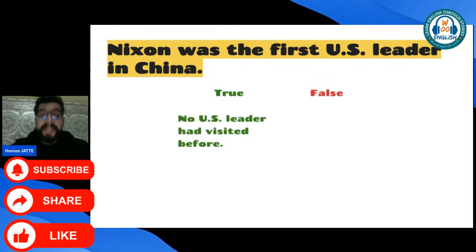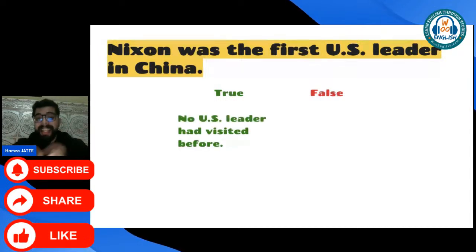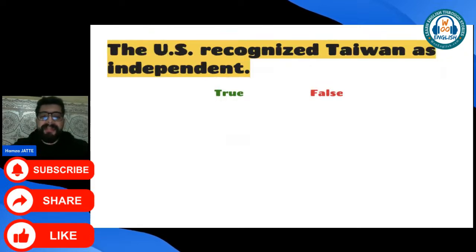All right, this is indeed true. No US leader had visited China before President Nixon. So, great. Next one. The US recognized Taiwan as an independent country.